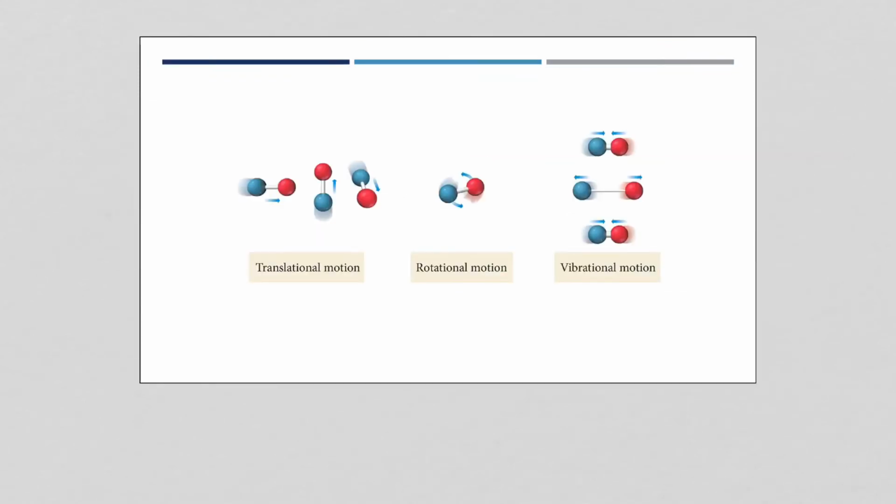Now, why this is possible is that when you start putting in bonds, you start to add different forms of movement. Everything in the gas form, for example, can have translational motion. It can move. But when you start putting bonds in there, you start getting rotational motion.